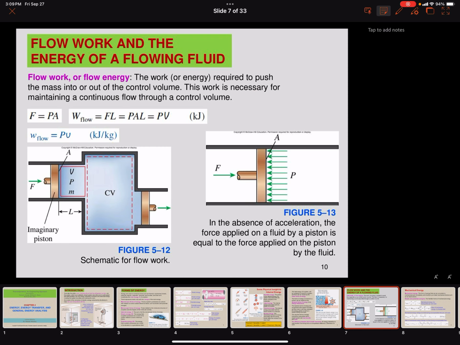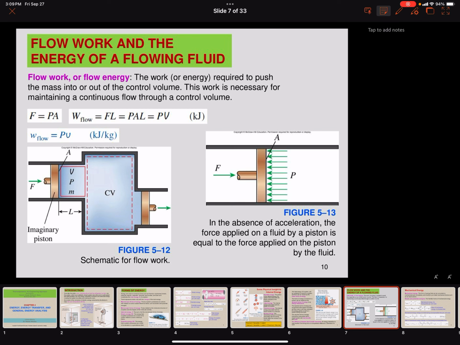In this slide, I will talk about flow work. By the way, this slide is not from the book. I brought it from the internet, so it's not explained in the book. Maybe it's explained, but it was not clear.